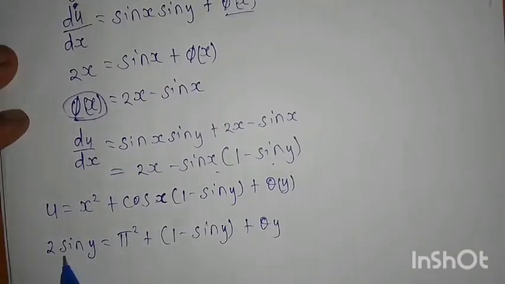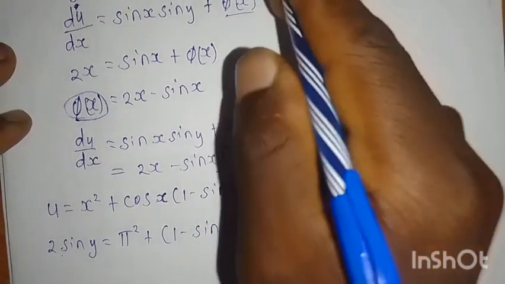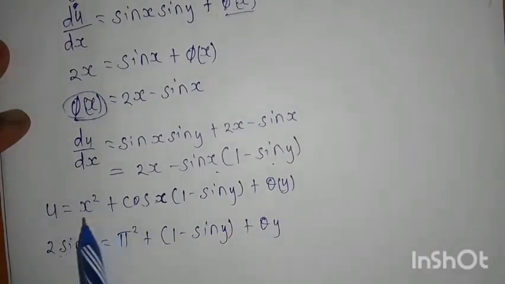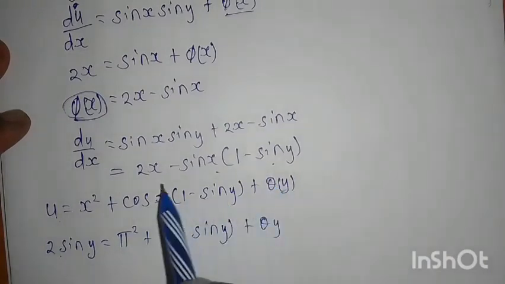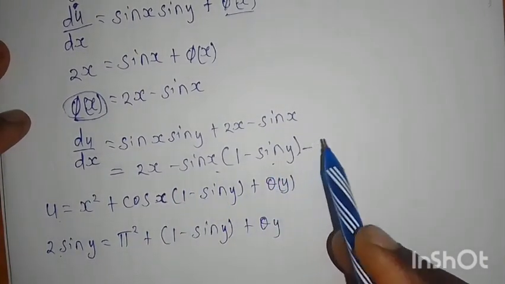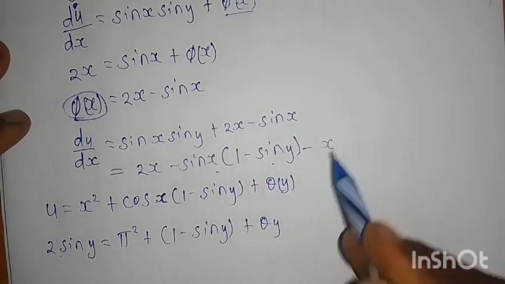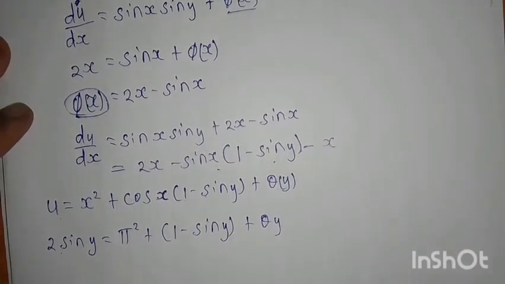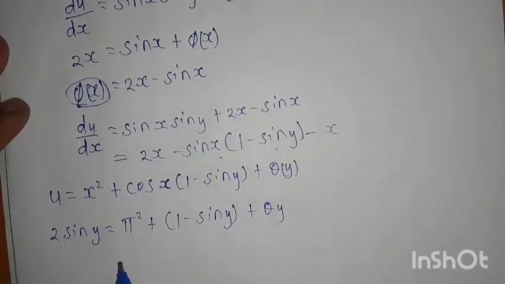By substituting x, we find the solution by applying this second boundary condition. Remember, this equation was found by integrating this equation with respect to x. So here, this is now the equation we find.